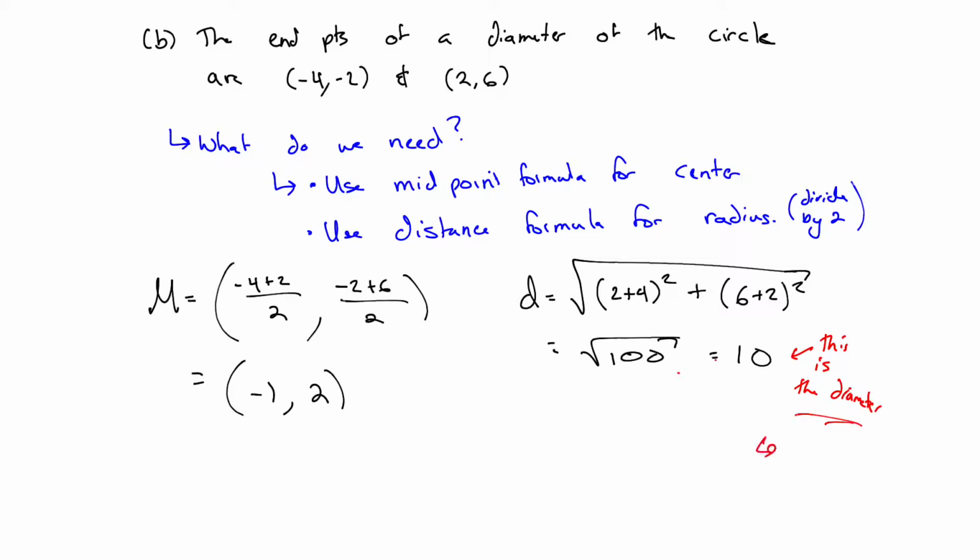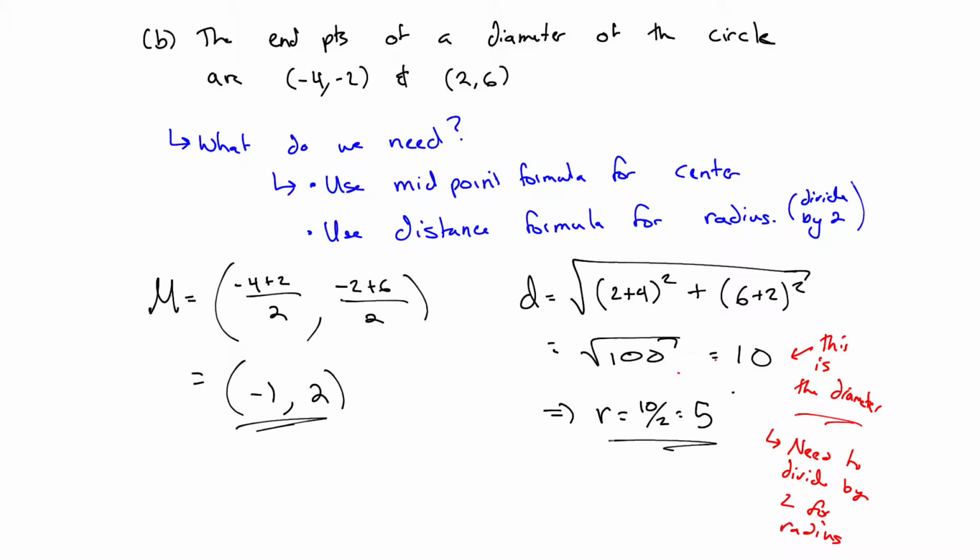So we still need to divide by 2 to get the radius. The radius is 5. 10 divided by 2, which is 5.